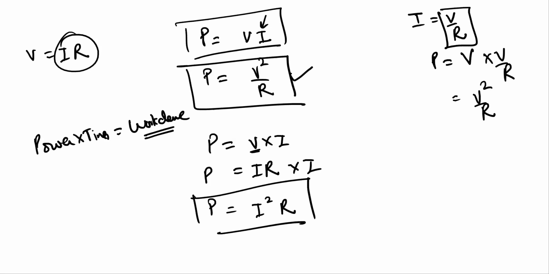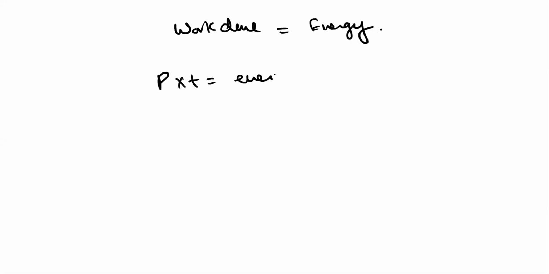And work done and energy have the same unit. So if I multiply power by T, it will become work done, and work done is also equal to energy. So we can say that power into time is equal to energy.